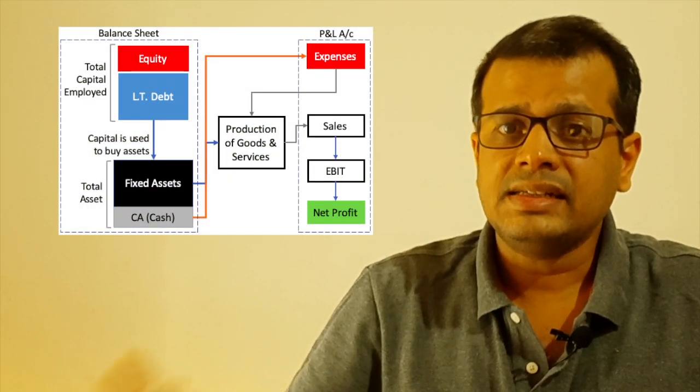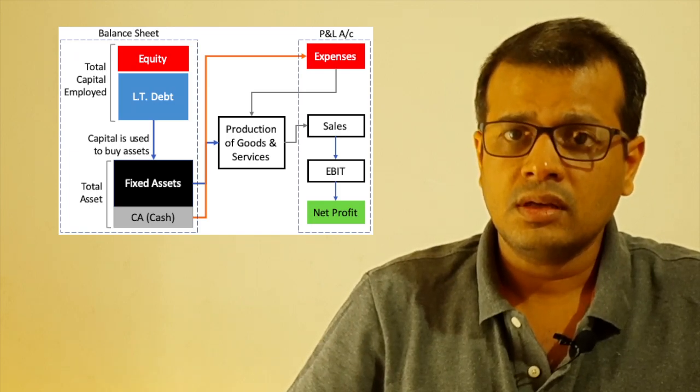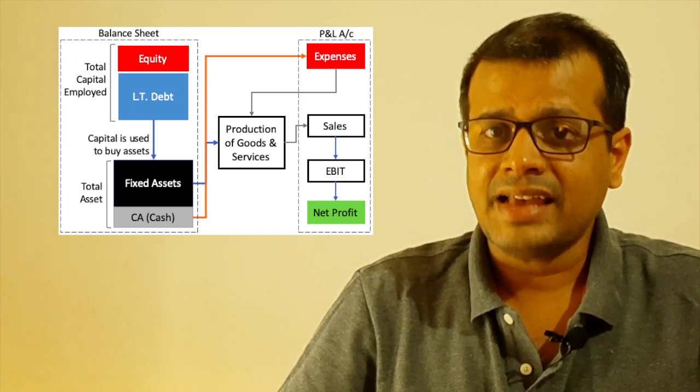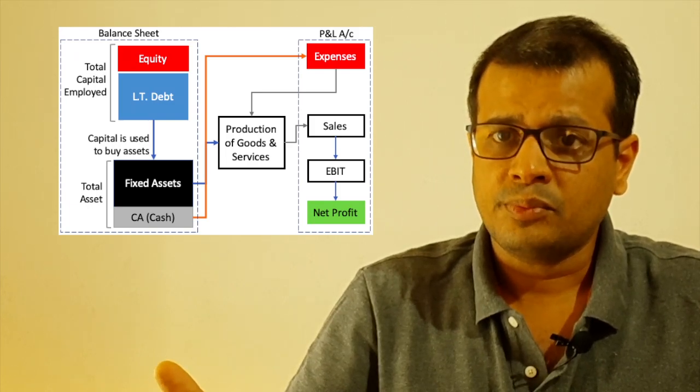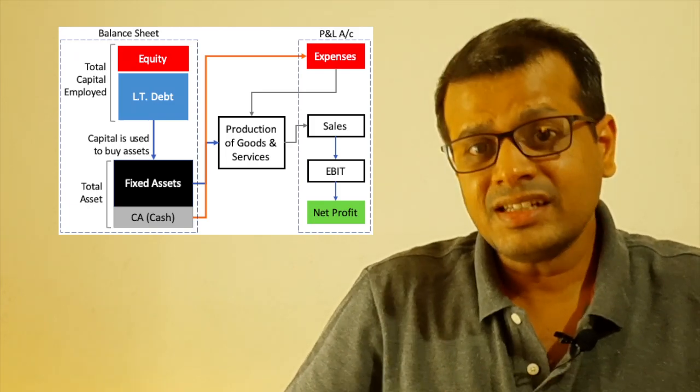So we have seen how a business can take a loan, increase its asset size, thereby increasing the profits. So does it mean that a business can go on piling up more and more loan for the sake of increasing the net profit?